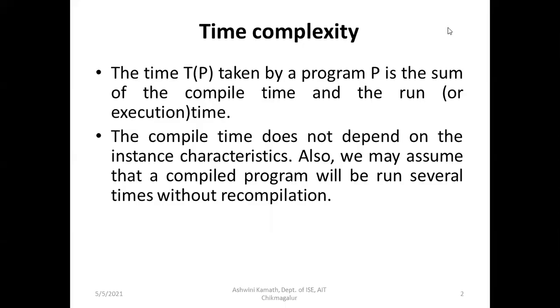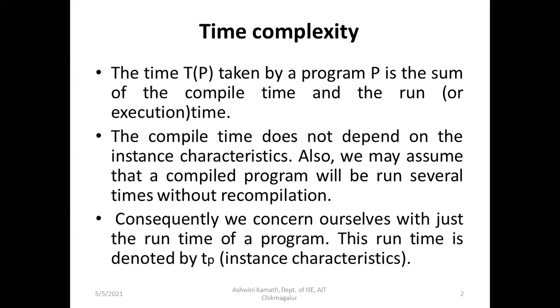So the compile time does not depend on the instance characteristic. And once the program is compiled, we are not going to compile it again and again. We can run it several times by giving different inputs without compiling. So here we are interested in runtime.